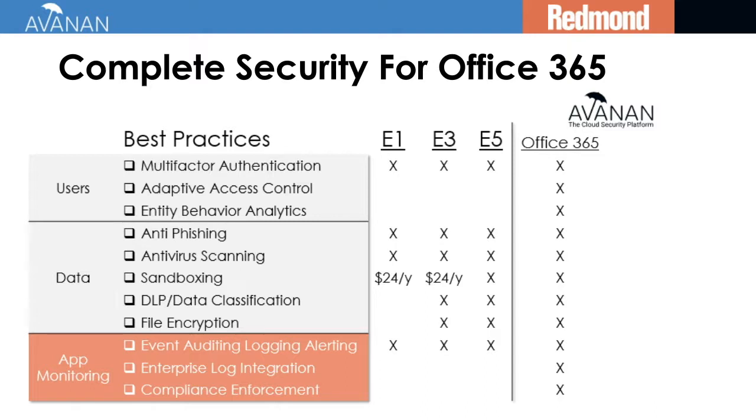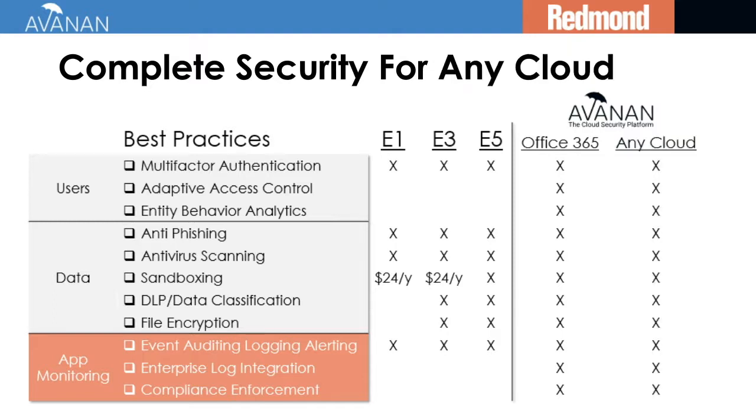In fact, even if you do decide to use the E5 full-level security and not choose those on the Avanan platform, we give you the ability to go beyond Office 365 and fill that security stack on any cloud you should be using SaaS outside of Office 365.